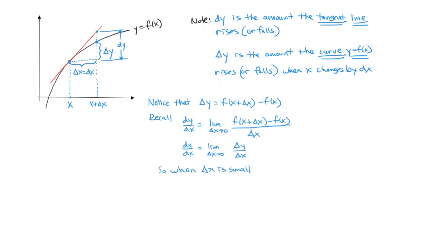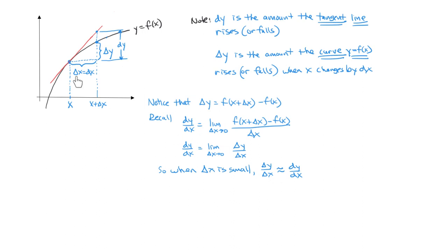When delta x is small, delta y over delta x would be about equal to dy dx, right? Because it's the limiting value. The limit of this as delta x gets really, really small is this. So we haven't taken the limit, but just as it gets small, these two are approximately the same.